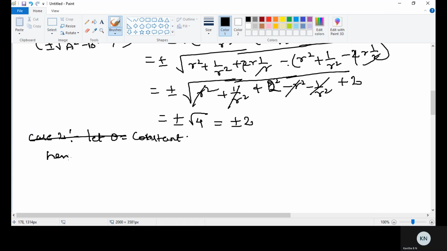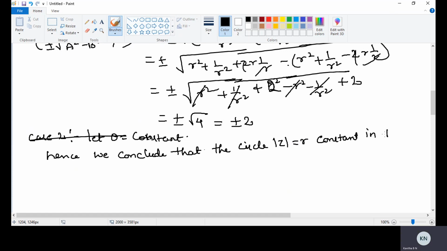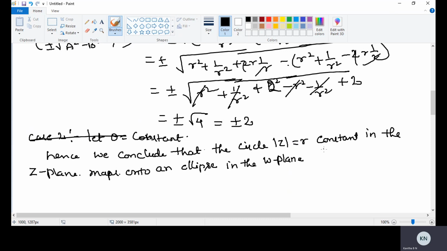Hence we conclude that the circle modulus of z is equal to r constant in the z plane maps onto an ellipse in the W plane, with foci plus or minus 2 comma 0.